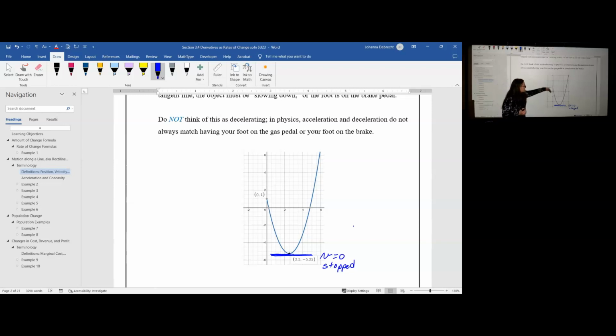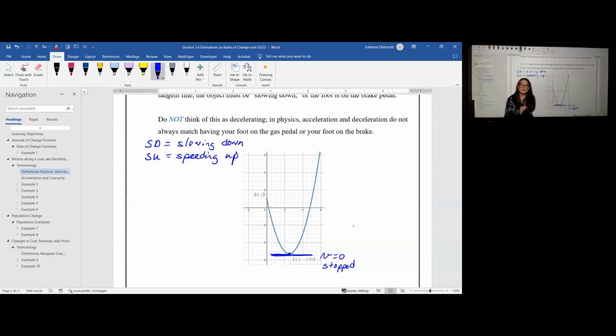If you are moving because your tangent line is not 0 and you're headed left or west because the tangent line has a negative slope, but then you stop, don't you have to be slowing down? Yes, you do. We're going to use SD to represent slowing down. We're going to use SU to represent speeding up.